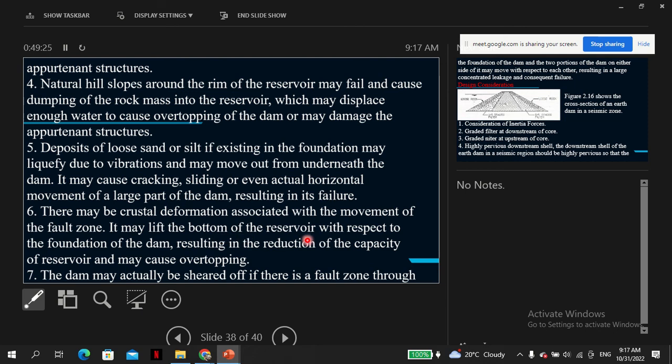There may be crustal deformation associated with the movement of the fault zone. It may lift the bottom of the reservoir with respect to the foundation, resulting in reduction of capacity of the reservoir. This may cause overtopping. So the fault zone, we need to care about this. The Rift Valley, I've said this. In fact, there was a time the road from Maimahiu to Narok was closed, I think during severe rain.